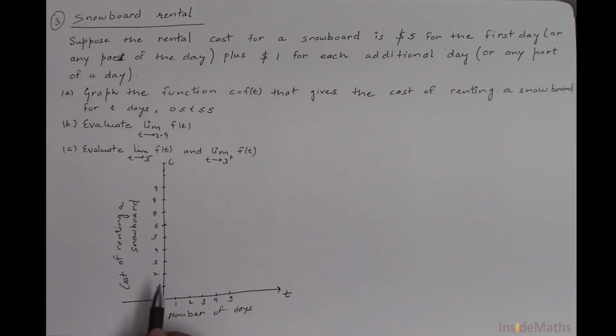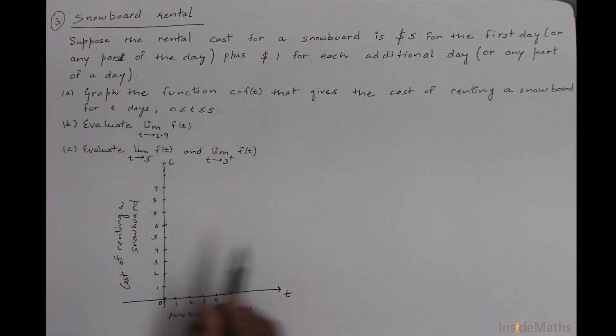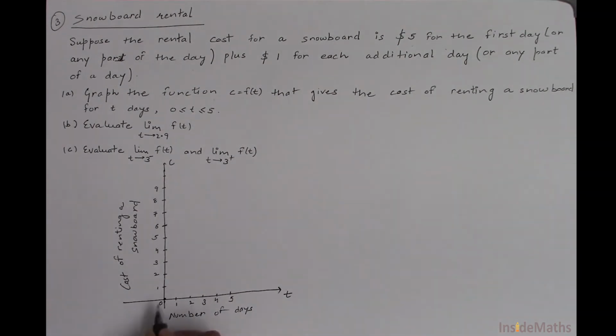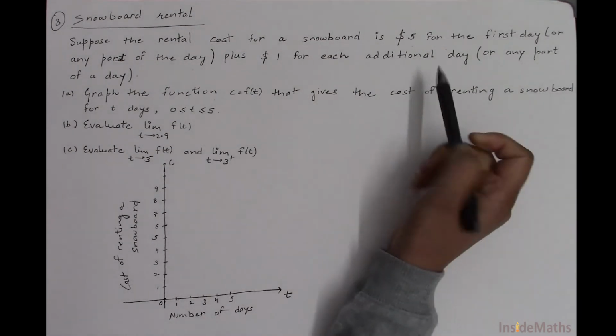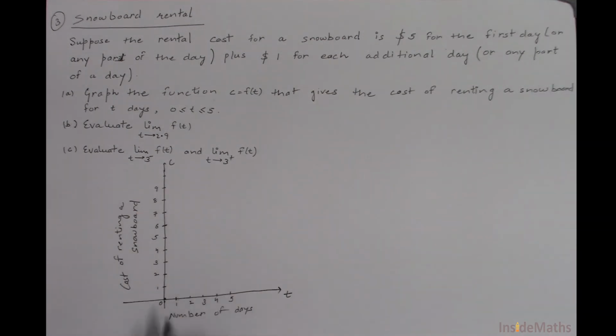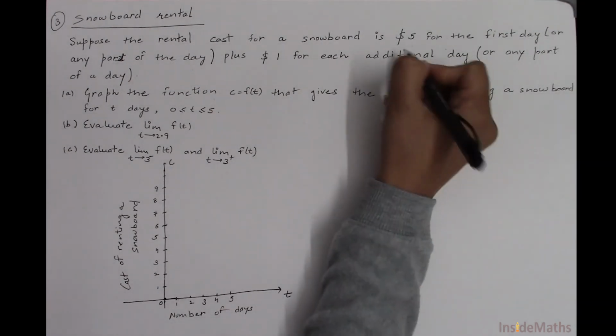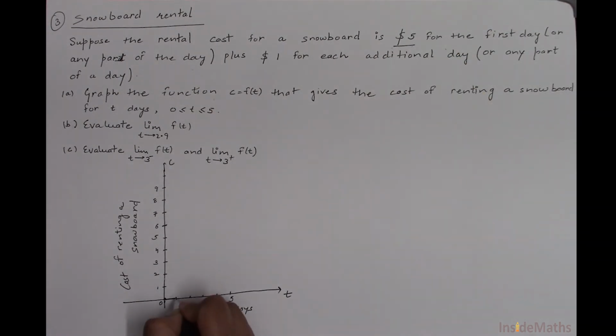Now, first of all, when T is 0, then the cost will also be 0. Now, when T is more than 0, up to when it's 1, that means for the first day or for any part of the first day, the cost will be $5.